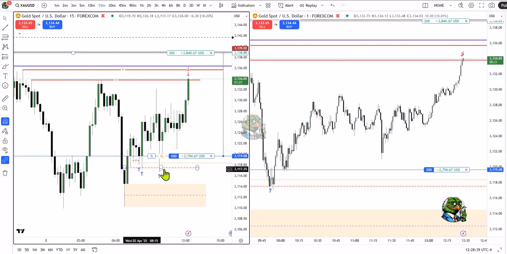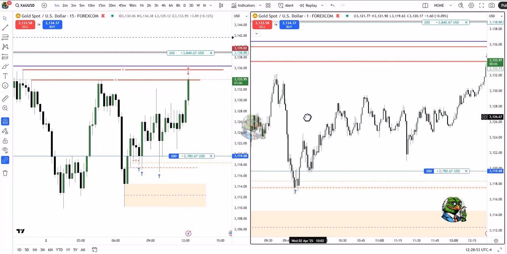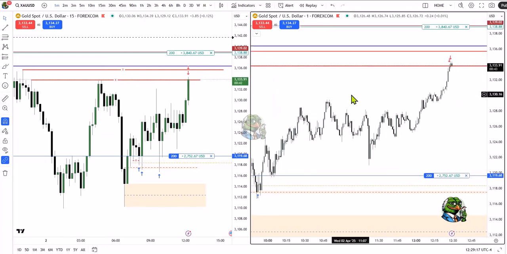The longs were all framed from this 15-minute fair value gap, and timing was important, so I initially accumulated here, and then reaccumulated here at 10 a.m. The session was very choppy, but ultimately met the objective and I have taken out the majority of the position, and now I'm simply holding the remainder for the higher TP. So I'll let this record and see if we can get that final TP, but I'll be going on mute now.